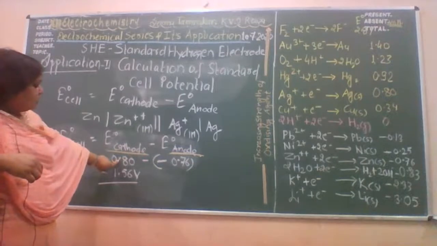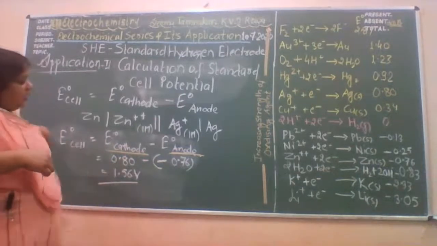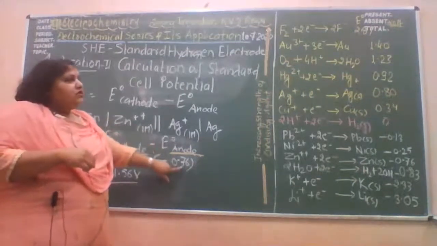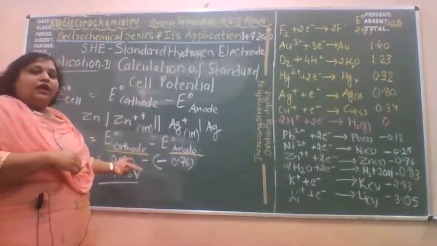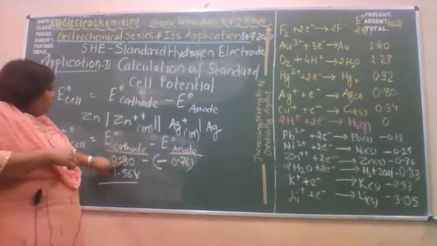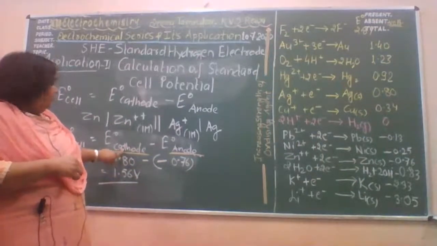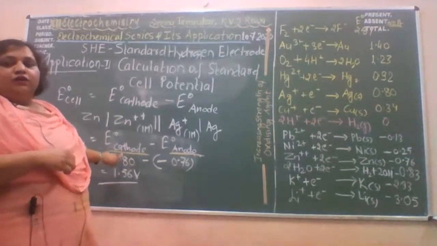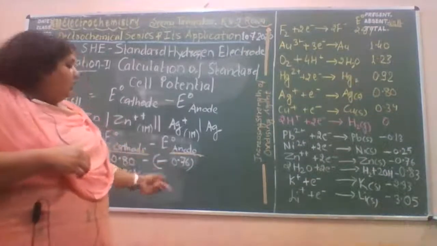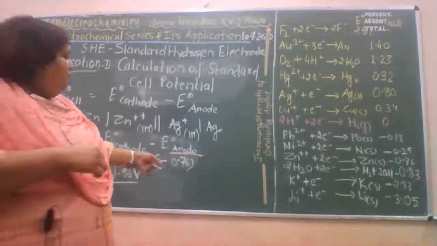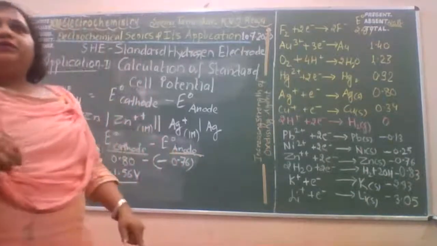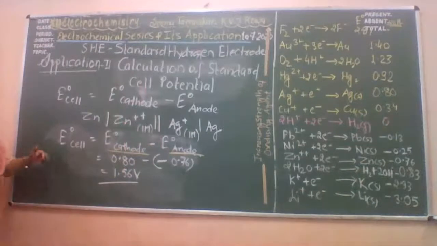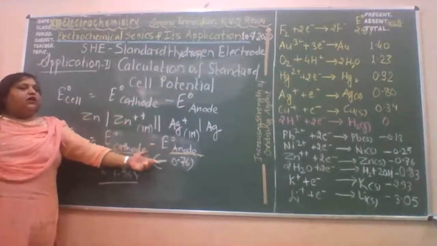Here, which value is greater, 0.80 or minus 0.76? 0.80 is the greater value, and since this value is greater, it will behave as the cathode. And since the value of zinc is lesser, it is a smaller number, the behavior is like the anode.